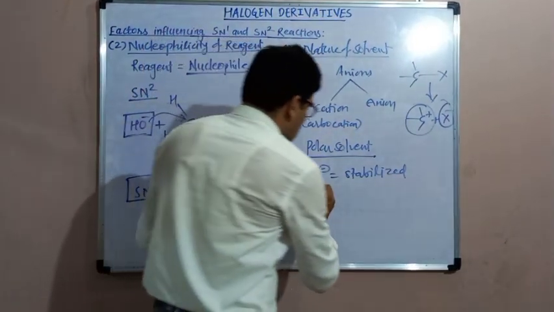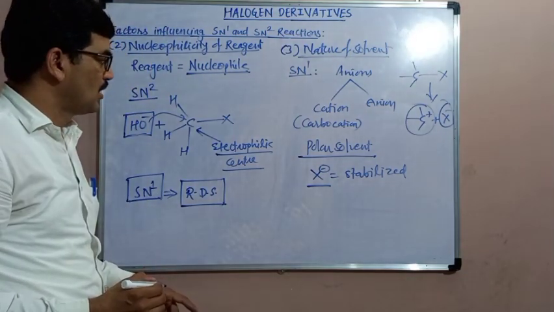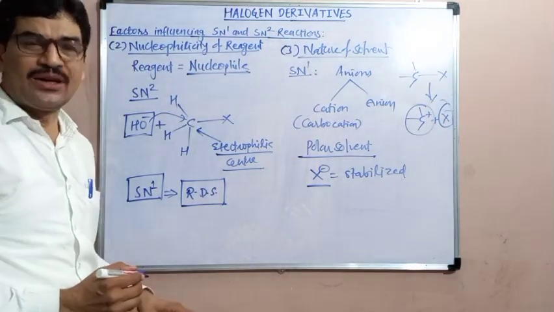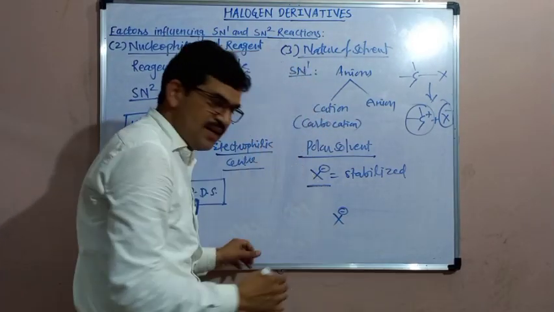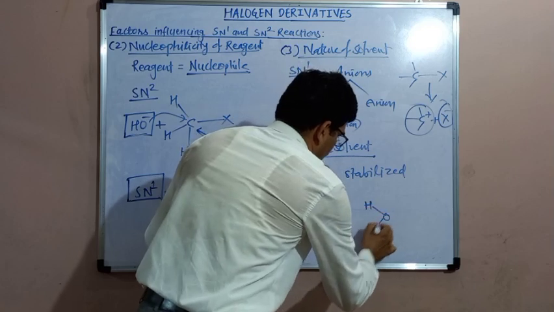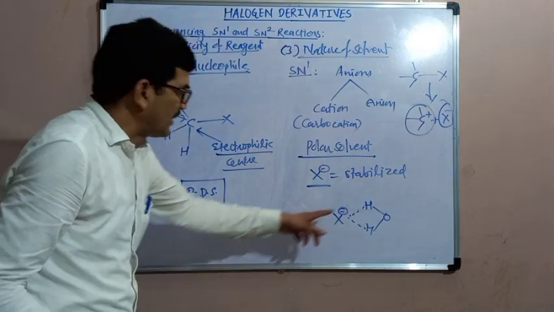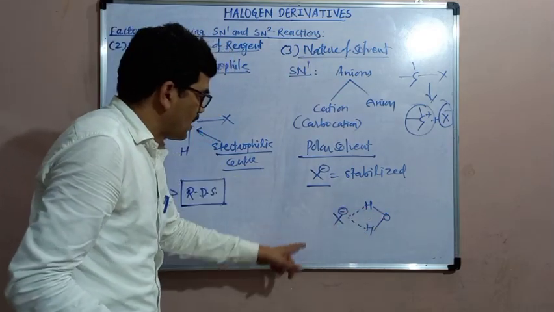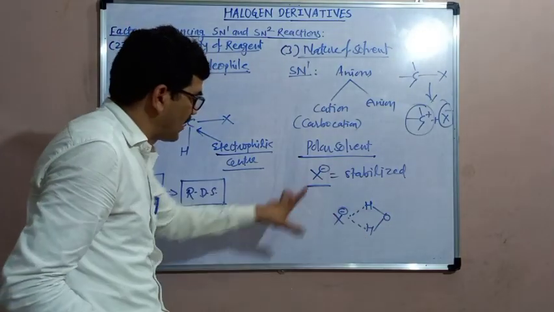Particularly, the anion gets solvated by a solvent which is hydrogen bonding, like water. If this is the anion, it will get solvated in this way. Water molecules collect around the anion, so the anion is surrounded by water molecules.